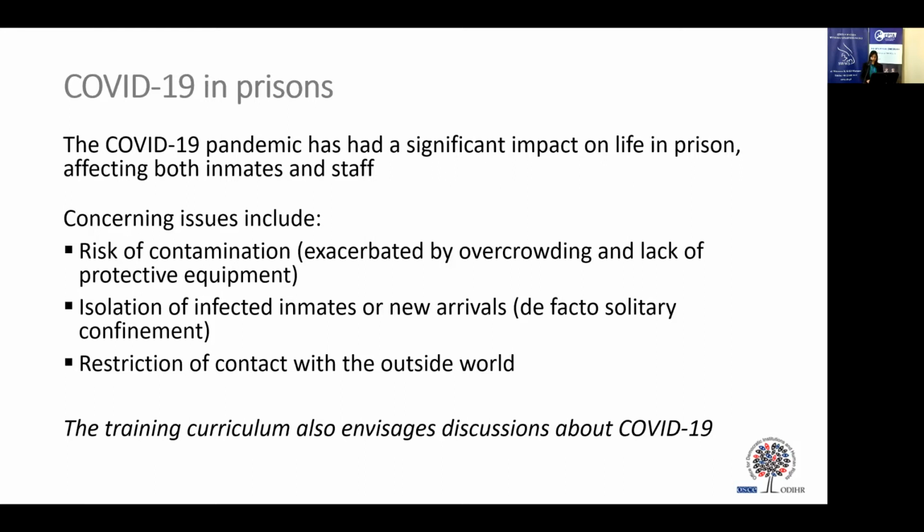In the second module, we have something about quarantine and isolation in the context of COVID-19. Also conditions of detention and COVID, and how, for example, overcrowding and the lack of ventilation can worsen the situation.